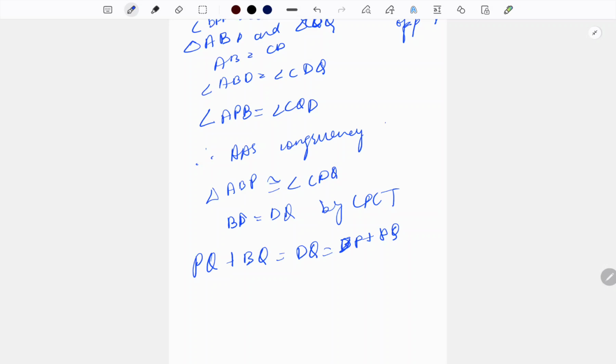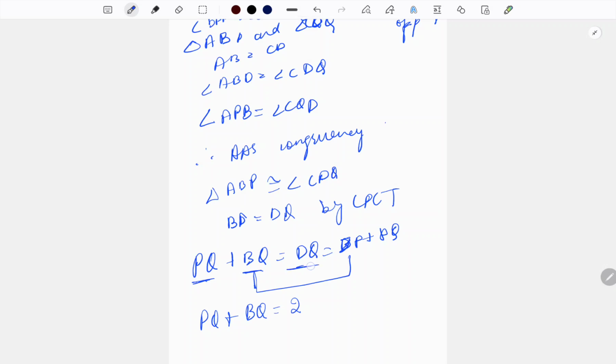Okay, so since DP and BQ are equal, can we write PQ plus BQ is equal to 2 times of DP, which is already equal to QB. See, PQ plus BQ is equal to DQ.